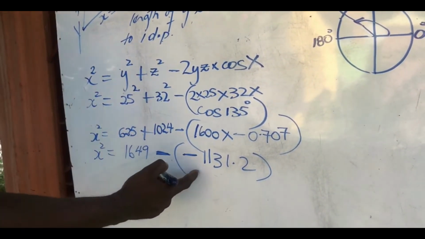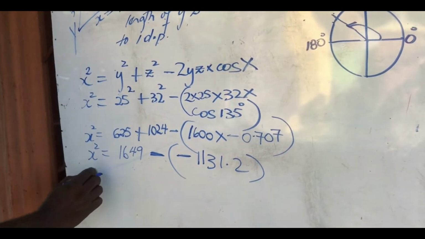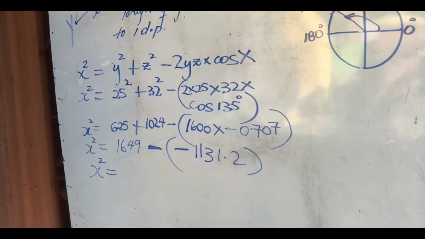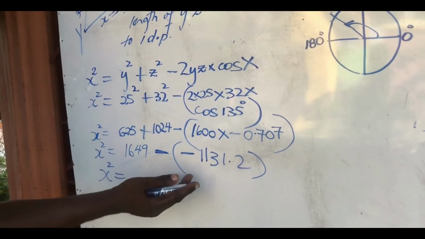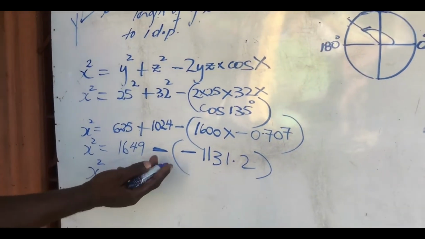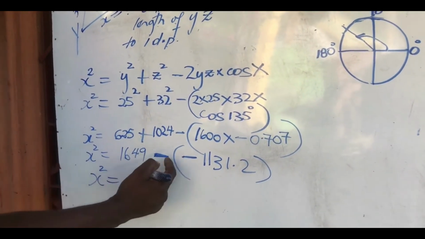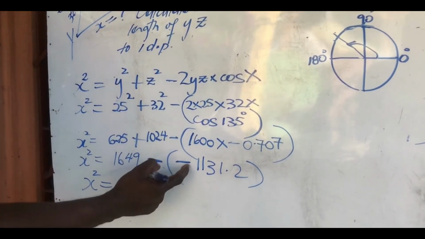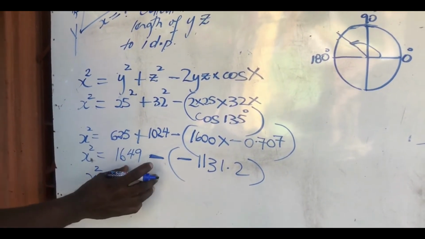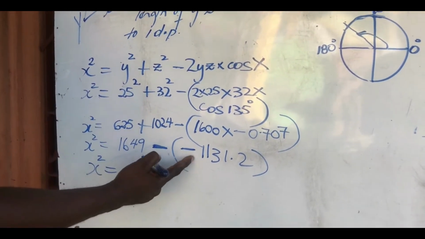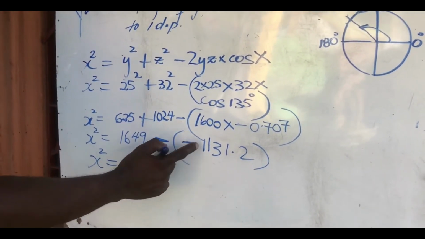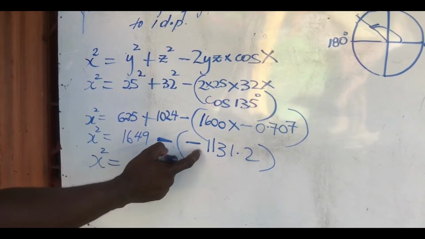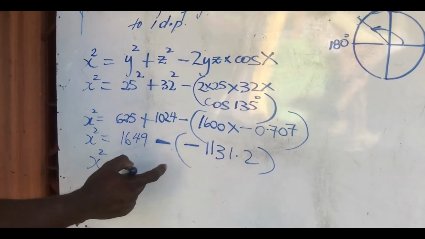Now, here we need to simplify. So right here it's x squared equals. Now, here we need to remove the bracket. A minus sign on the outside will change the signs of all the terms on the inside. So if the sign here is negative, clearly when we remove the bracket, it is going to be positive. If this were positive, then our answer would be negative.